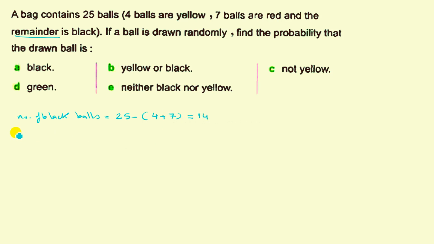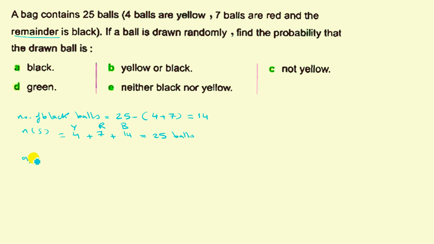So the sample space: 4 balls are yellow, 7 balls are red, and the remainder is black, 14 black, which make 25 balls.